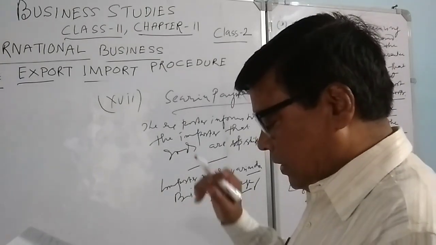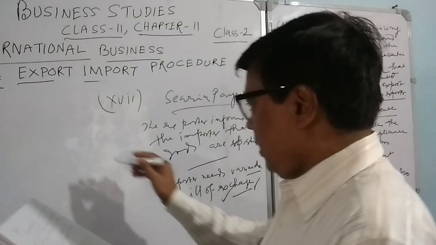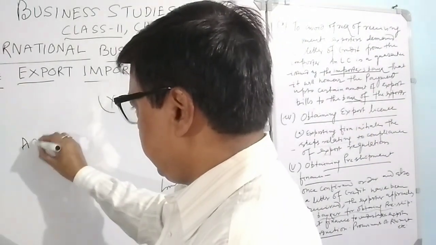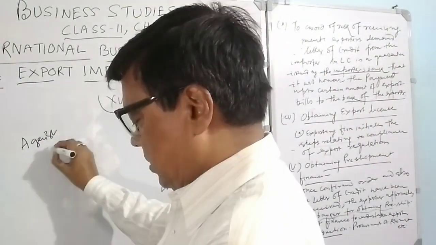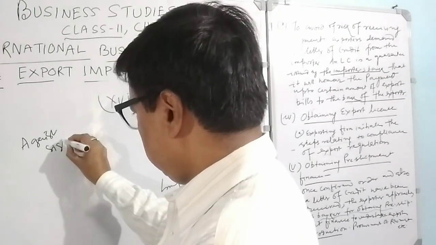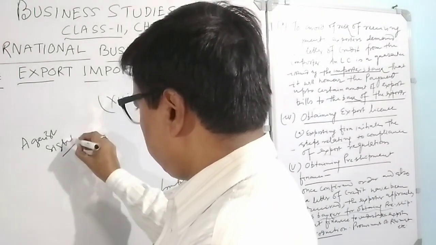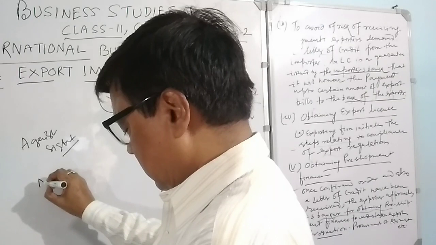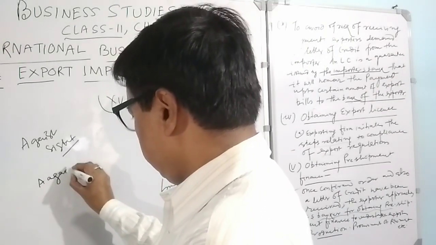You see that two things are there. Two types of bill of exchange are there: against sight and against acceptance.